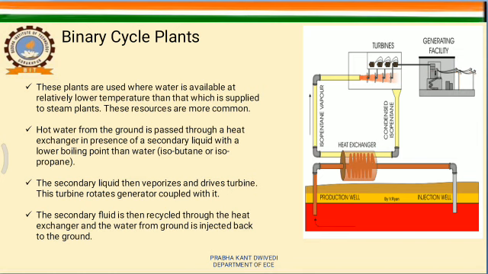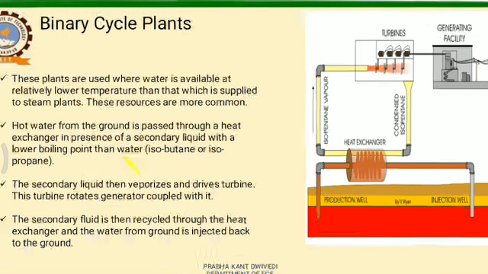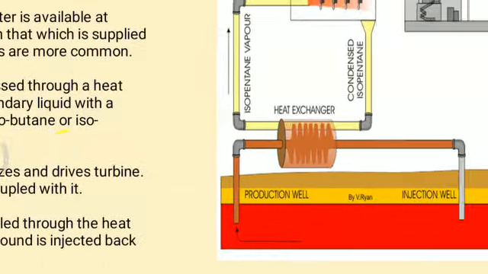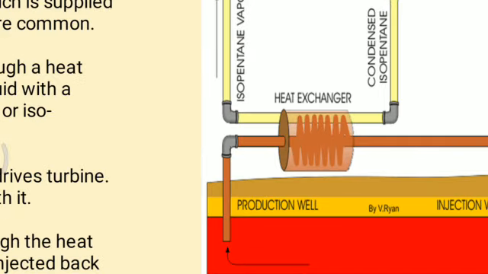So the hot water from the ground passes through the heat exchanger. This heat exchanger contains another liquid, which is either isobutane or isopropane. When the hot water passes through the heat exchanger, this liquid receives heat from the hot water and is converted into vapor.